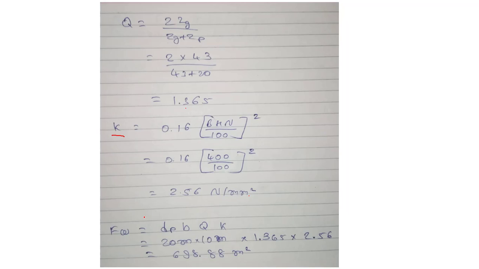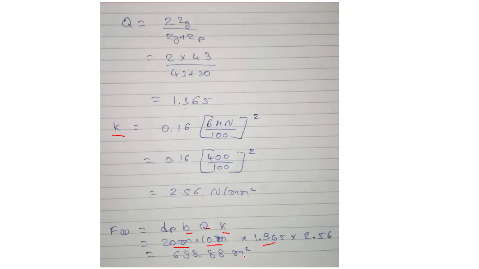Now put all these values in the Fw equation. So Fw is equal to dp into b into q into k. dp is 20 into module, b is equal to 10 into module. For q and k we already found the values, so our final answer is 698.88 module square.